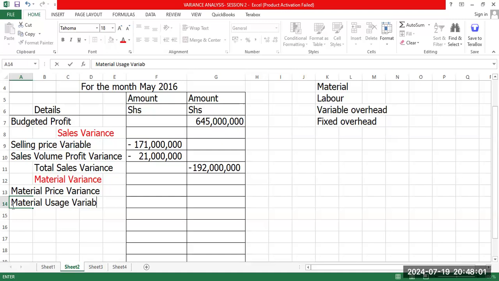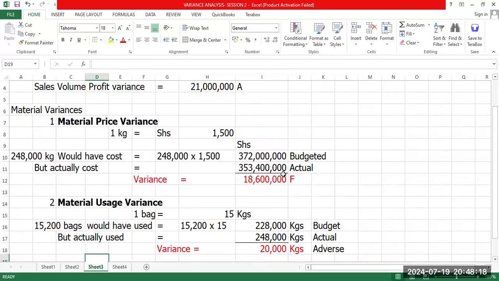Here you cannot bring in material yield and material mix because you don't have different materials in the question. So you just get this. And the material price variance is this one.